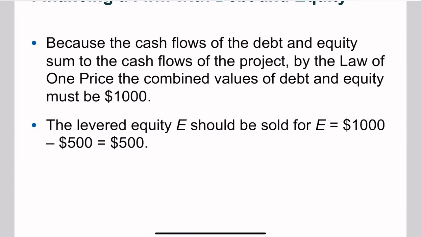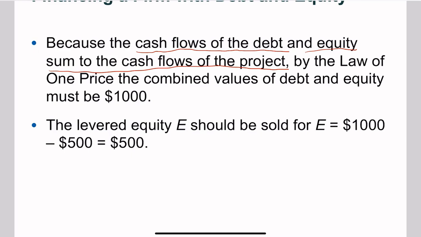This is because the cash flows of the debt and equity sum to the cash flows of the project, right? If cash flows of debt and equity equal cash flows of the project, then the total value of debt and equity has to be the same as the total value of the project, because value is essentially discounted cash flows.